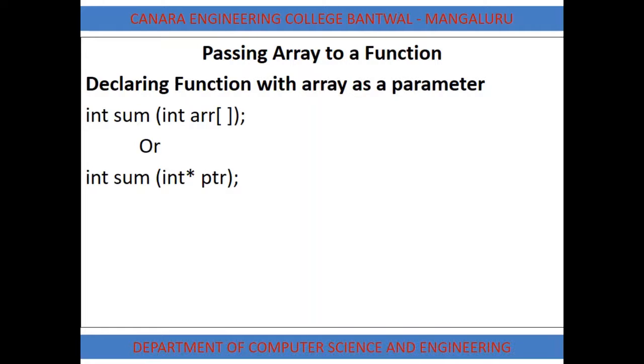The size is left blank; whatever input is given will be copied over here, because this is call by value. Or if we are executing call by reference, then we need to create a pointer variable. So int sum(int *ptr), which will hold the address of the first element of the array.